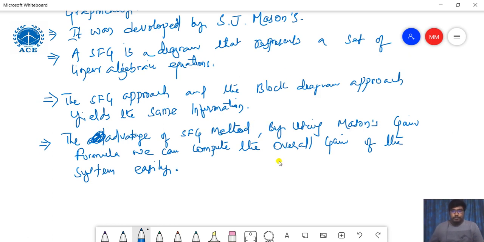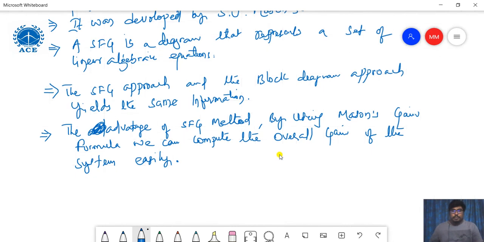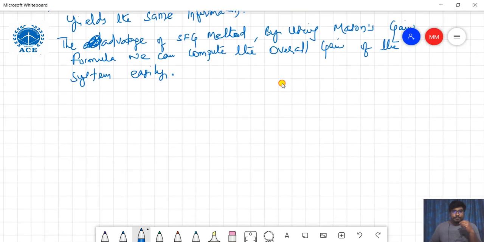Do you understand? So what is the difference between SFG and the block diagram reduction technique, and what are the uses and advantages of SFG, right?